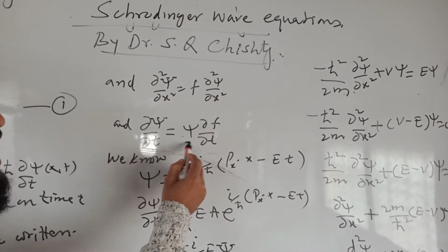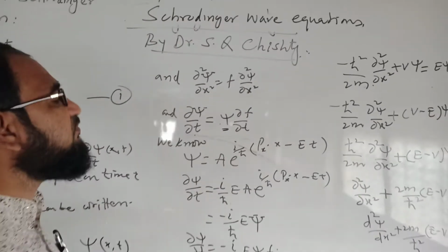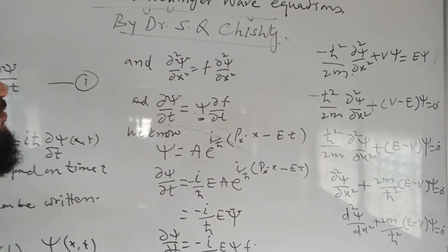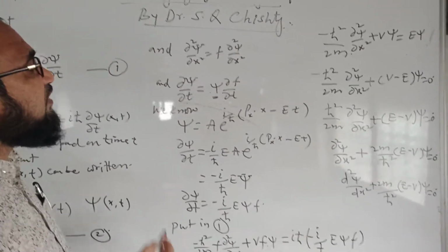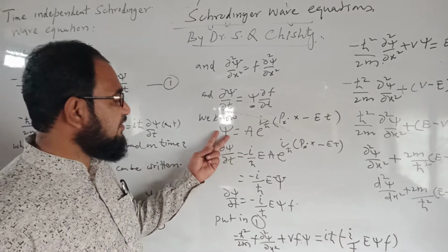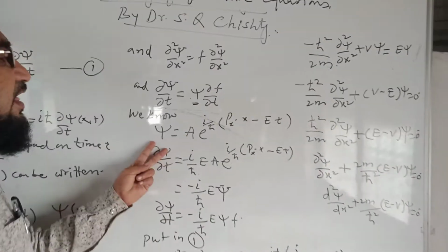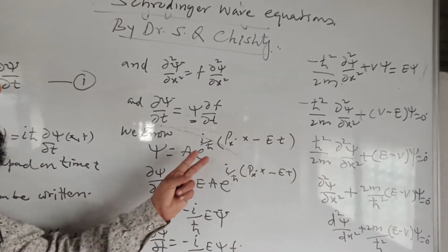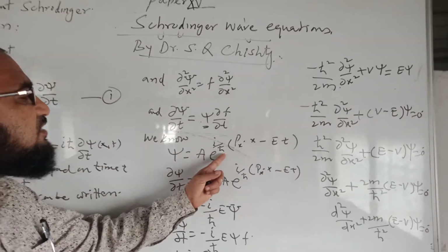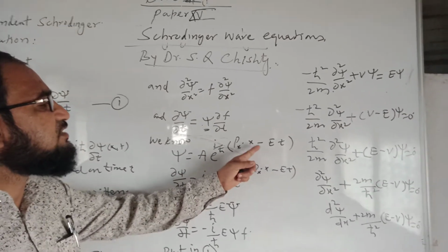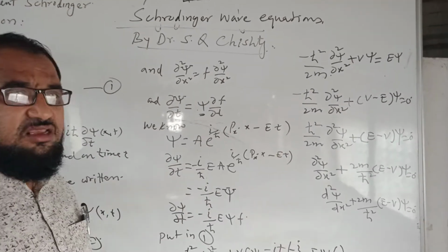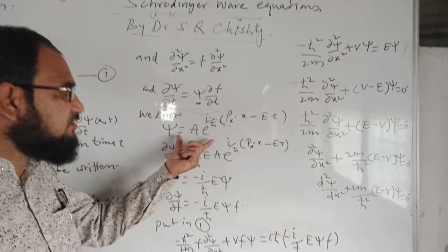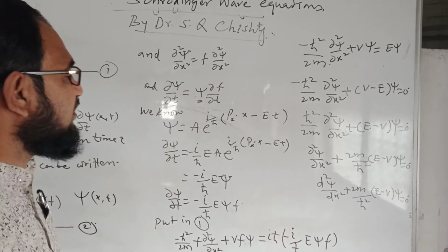Now here this psi will become constant when we are differentiating with respect to time. But we know the value of psi as A into e raised to i by h cross (px dot x minus E t). In our previous lecture, we know this value of psi as a wave function.